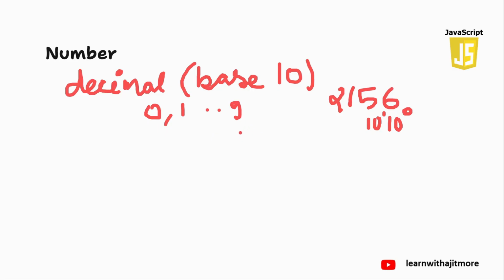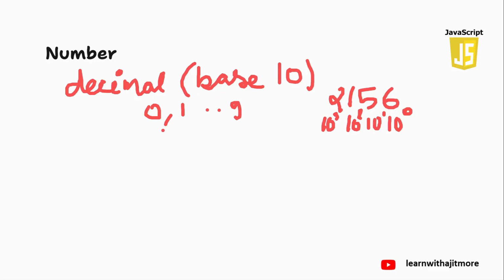So every digit will have a place value in a power of 10: unit place, tens place, hundreds place, thousands place, right? 10 raised to 2, 10 raised to 3. That's why 10 raised to 3 is 1000, 1000 into 2 is 2000. We write 2156.